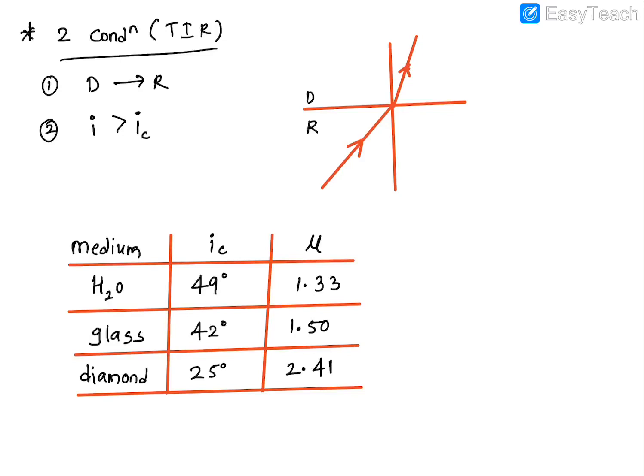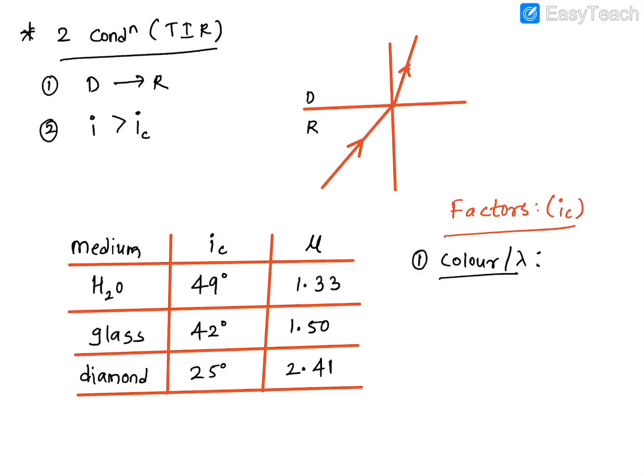Now, what are the factors which can affect the critical angle? I think I said wrong earlier. There are two factors which affect the critical angle. They are very simple factors, but usually people do not get them in the exams. The first factor is that it depends upon the color of the light or the wavelength of the light.